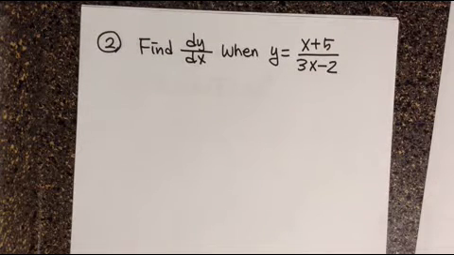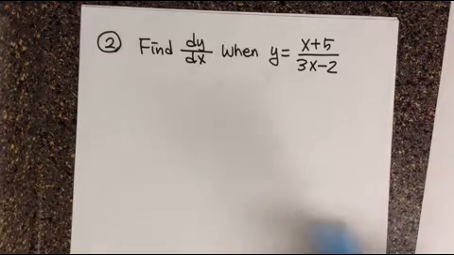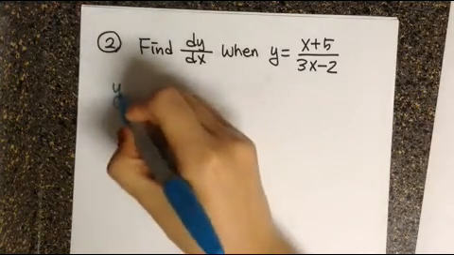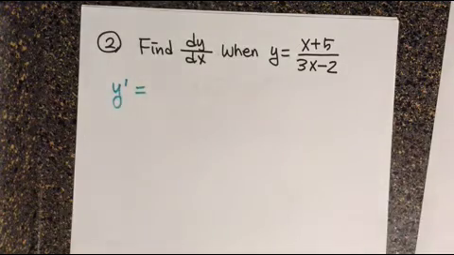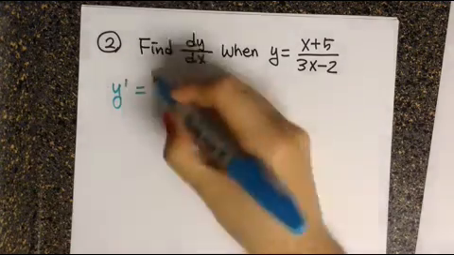Okay. Find dy over dx when y equals x plus 5 over 3x minus 2. So y prime equals, we need to apply the quotient rule this time.